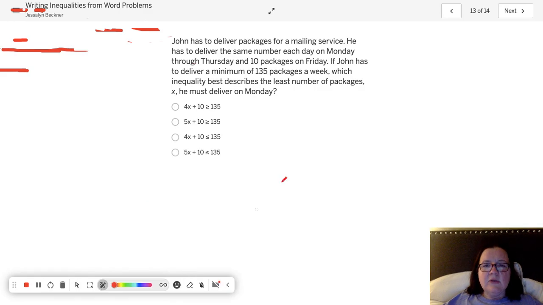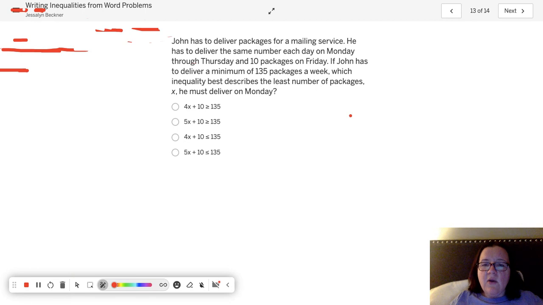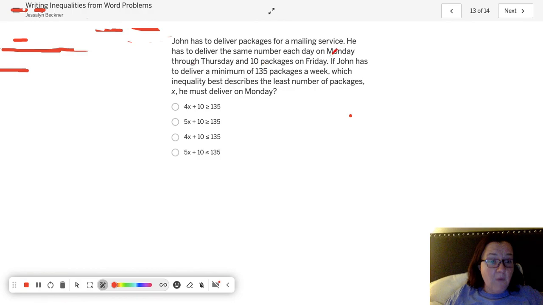All right then. John has to deliver packages for a mailing service. He has to deliver the same number each day on Monday through Thursday and 10 packages on Friday. If John has to deliver a minimum of 135 packages a week, which inequality best describes the least number of packages X he must deliver on Monday? All right, so let's look at these important numbers. It looks like he's got Monday through Thursday, so that's 4 days, right? Monday, Tuesday, Wednesday, Thursday.